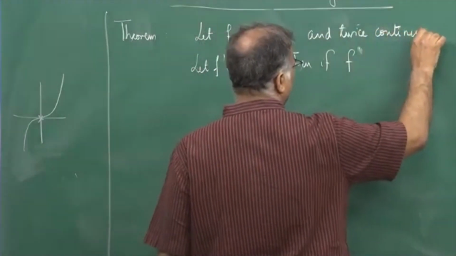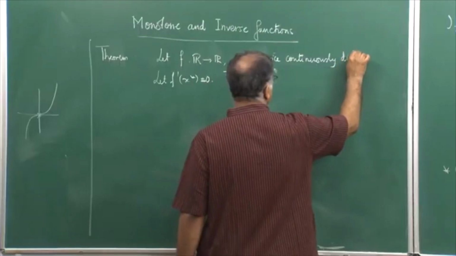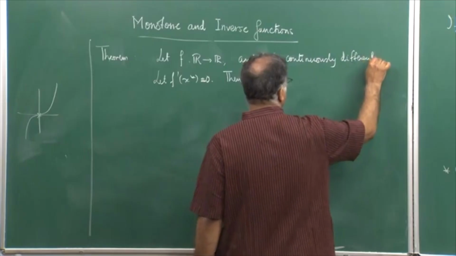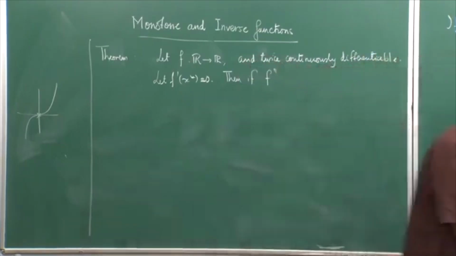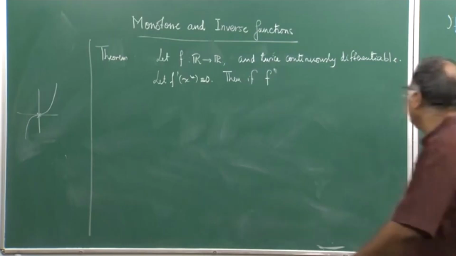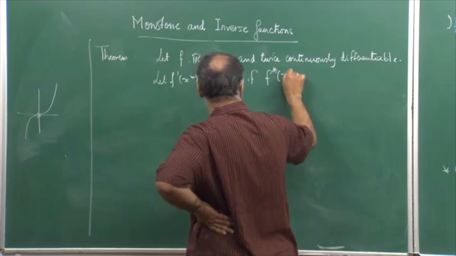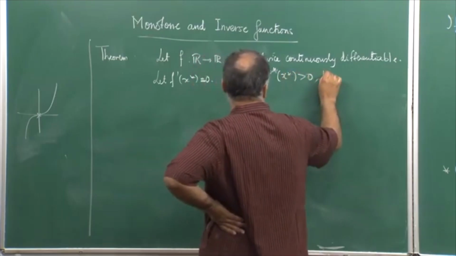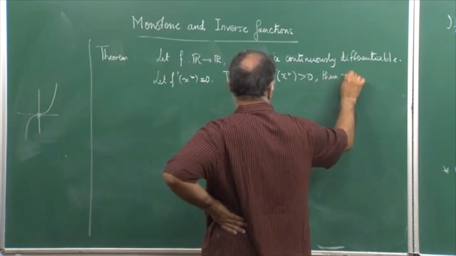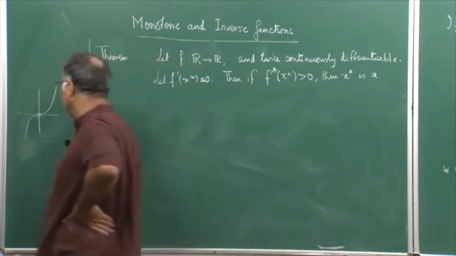The second derivative exists and is continuous. The second derivative is also a function of x. Then if f''(x*) is strictly greater than 0, then x* is a strict local minimum point.